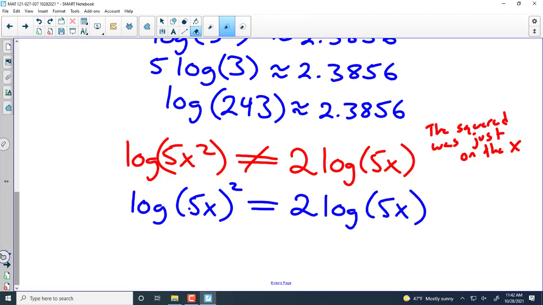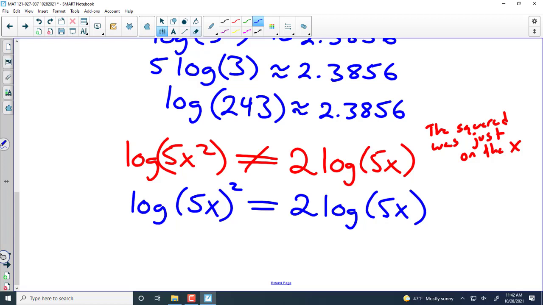Don't let that stray little marker bother you. Wish my pen didn't leak. That one is okay because the squared's on both of them. Everyone see the difference between those two expressions? So make sure you only use the power rule when you're allowed to use the power rule. All right.